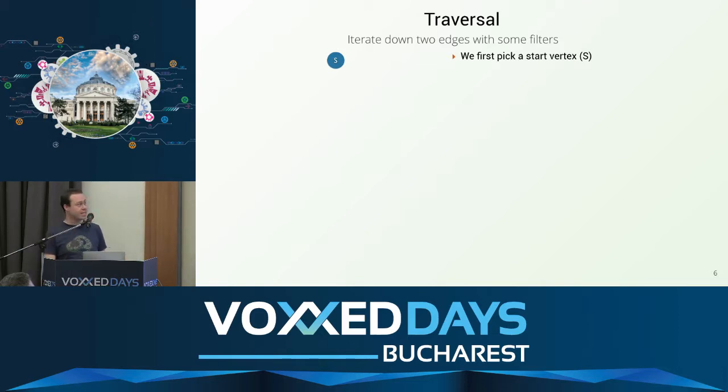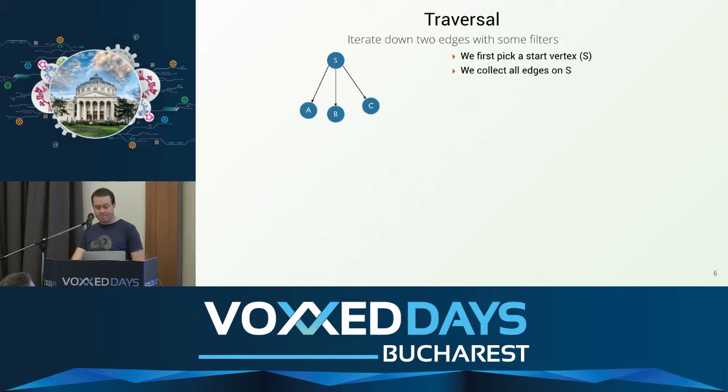Then I take a look at S and find all the connected edges for S and all the vertices that are connected to these edges. Then I have to go through all these edges and check, okay, do they match my filtering conditions? In this case, for example, the edge to C does not match the filtering condition. So from now on, this part will be ignored, and those are still in the active records.